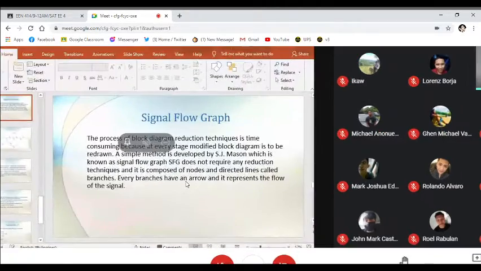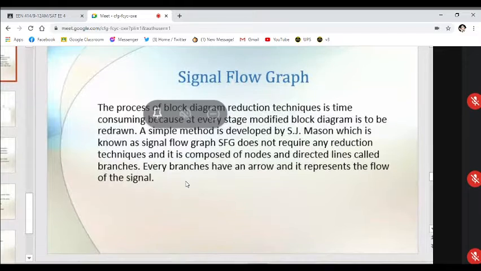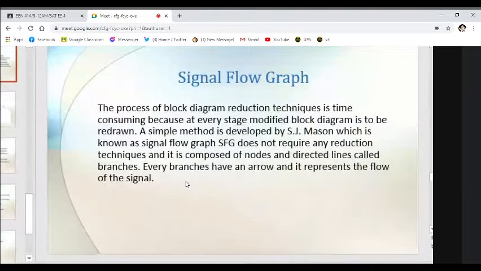Okay, so the process of block diagram reduction technique is time consuming because at every stage, modified block diagram is to be redrawn. Okay? A simple method is developed by S.J. Mason, which is known as the signal flow graph or SFG. Okay?